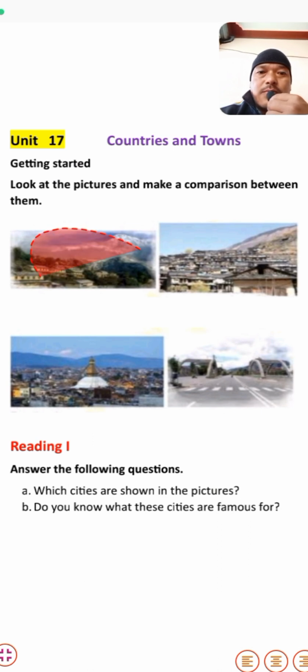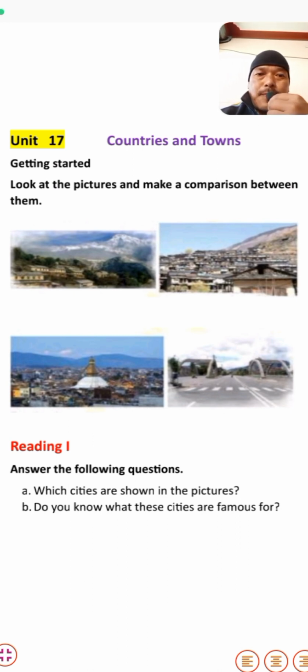It's an open environment here, and in the second picture so many houses are there, which clearly shows it's a highly populated area, and all the houses are old houses built by the traditional way of construction. Students, we can say the houses in the picture are a very old structure.